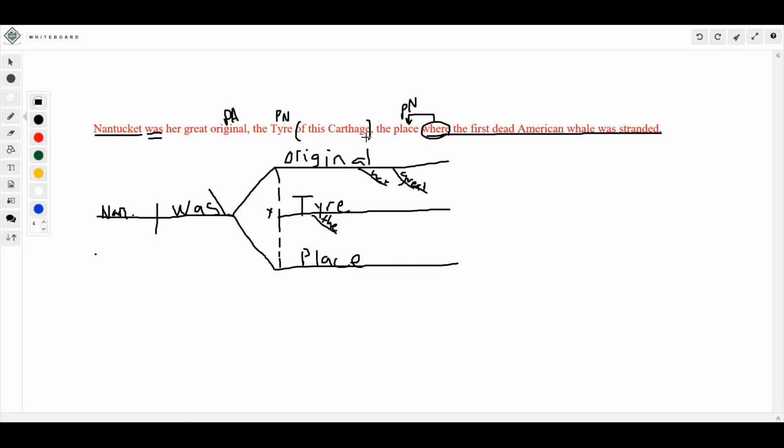And then of this Carthage is a prepositional phrase that belongs with tire. So here's our preposition, here's our OP. So it is of, and then Carthage. Put that. And then this is an adjective that goes with Carthage in that prepositional phrase. All right. And then we have the for place.